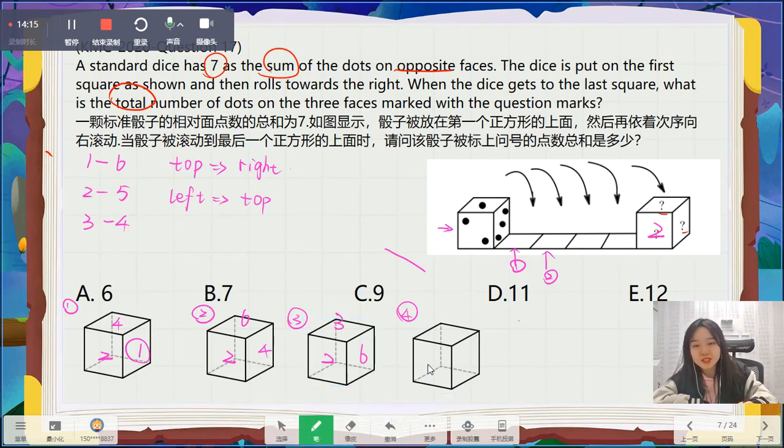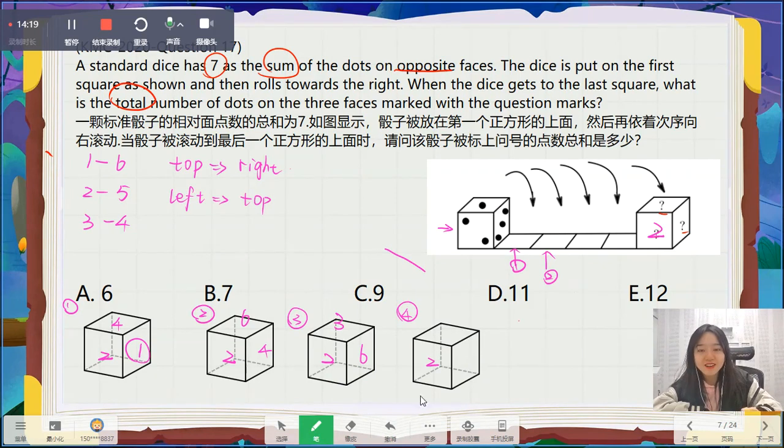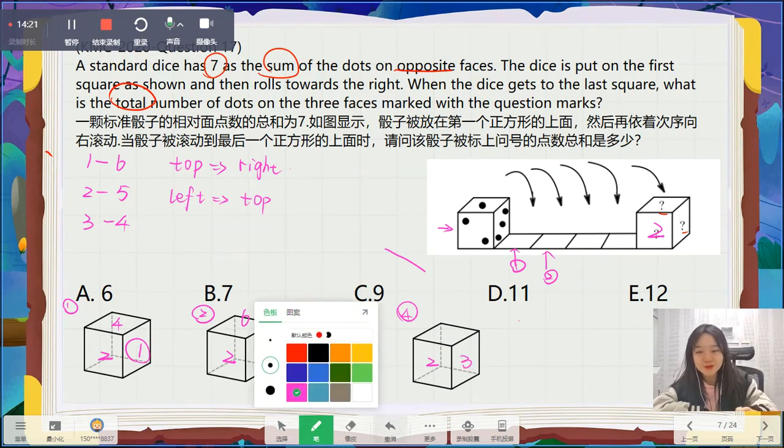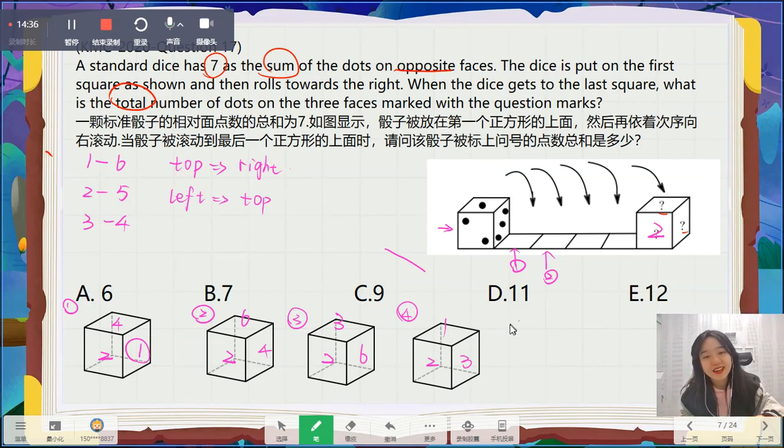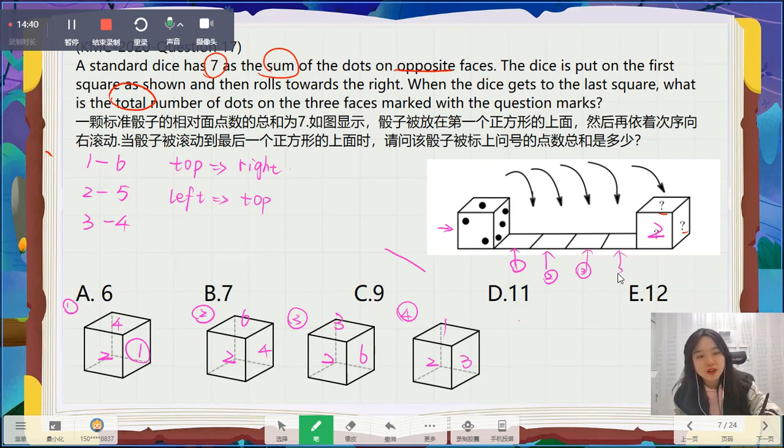The next one still has 2 in the front, but has 3 on the right now, because 3 is just the last top. Which one is our new top now? It should be opposite to 6. So it's 1. And let's see, after the fourth rotation, have we got the last shape?